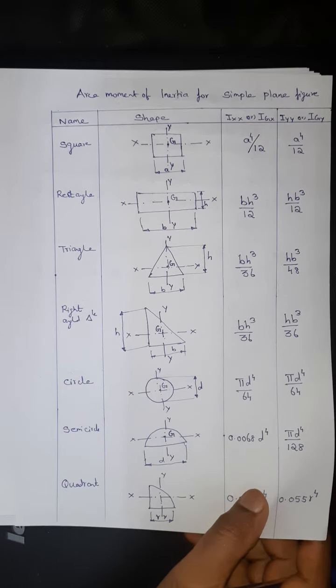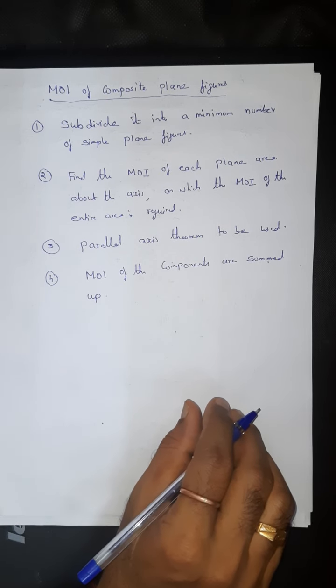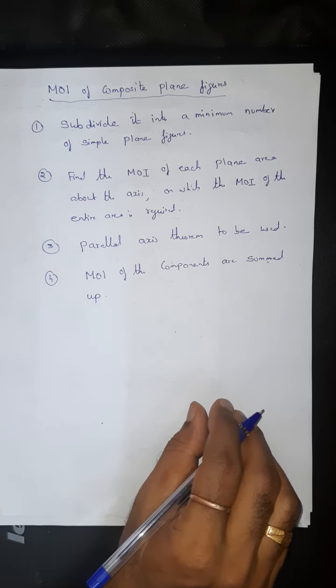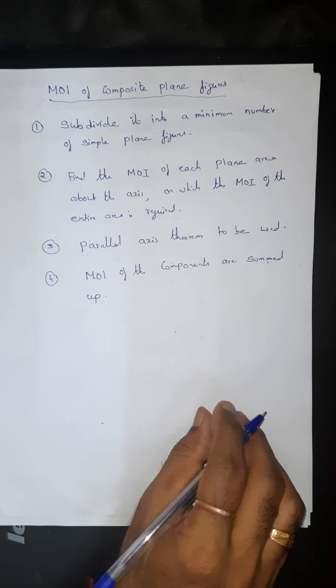That is Ixx and Iyy or Igx or Igy. Then the parallel axis theorem should be used. The parallel axis theorem I taught you, right? I is equal to Ixx or Igx plus A h bar square for the x axis, and for the y axis I is equal to Iyy or Igy plus A h bar square.